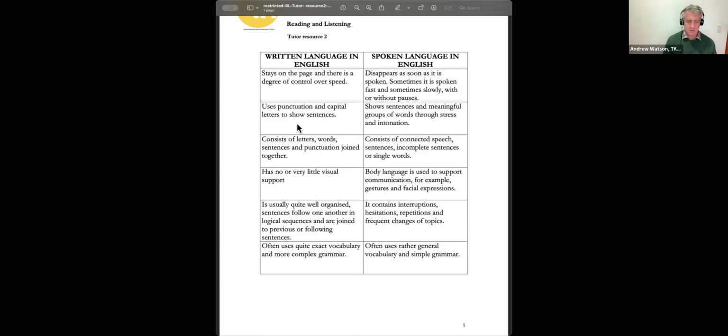Now, linguists call spoken sentences utterances, right? Because they don't necessarily have the same sort of grammatical structure as sentences.